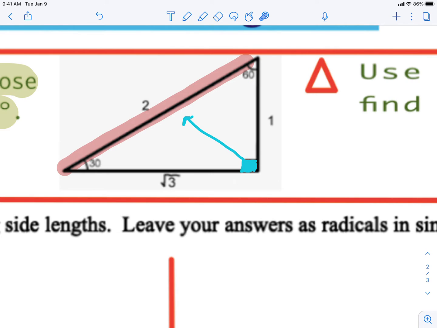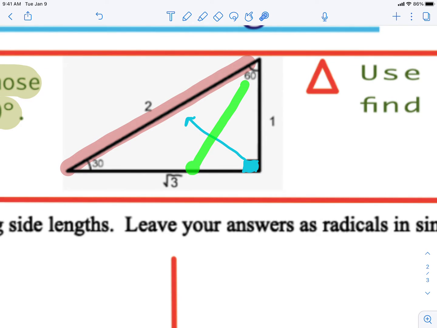Now, what I want you to see is across from 60, this is what we call the long side. We have a 30 and a 60. 60 is bigger than 30. So across from 60 is radical 3. This is the long side. So let us call this the long side.